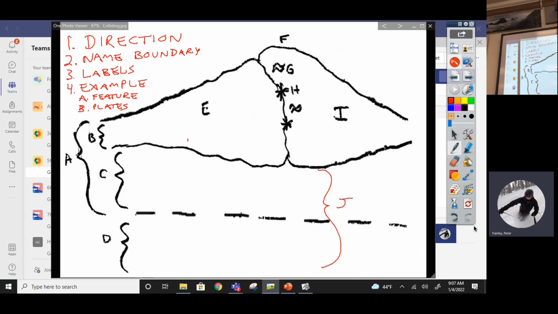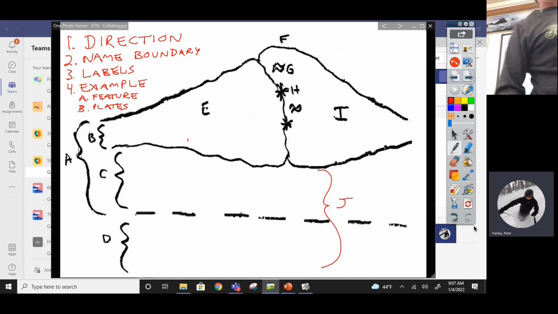Which is older, the oceanic or the continental crust? The continents are much older than the ocean floors, about 3.5 billion years. Because we're always making new ocean floor and we're always destroying old ocean floor. But the continents are pretty constant.